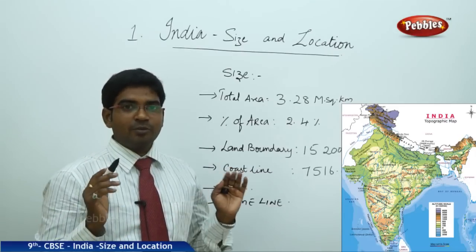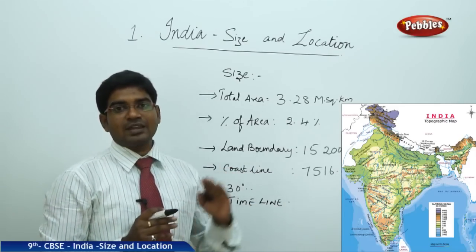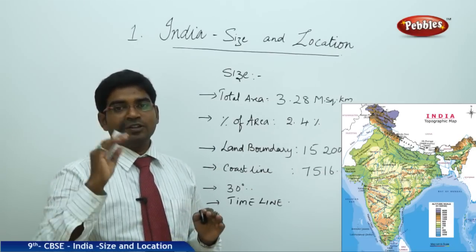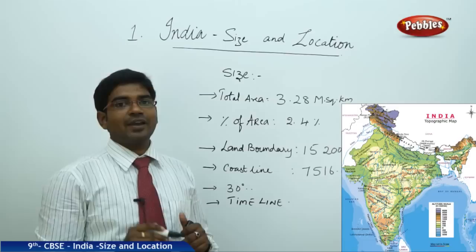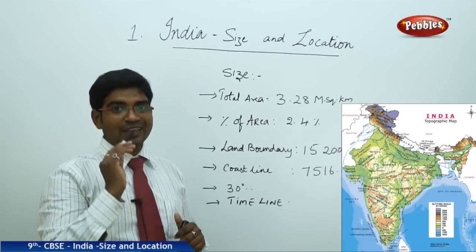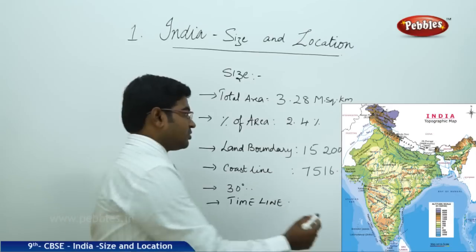While when we talk about the coastline, we talk only about the region starting from the Gujarat belt to the West Bengal region. So that's why the coastline is just 7,516 kilometers, while the land boundary is nearly 15,200 kilometers.